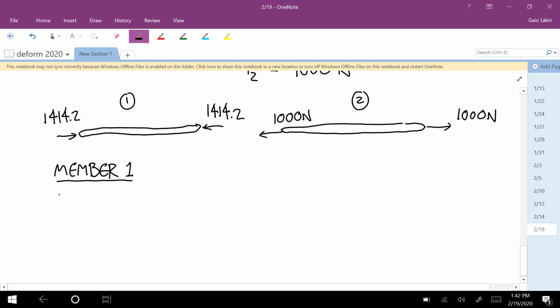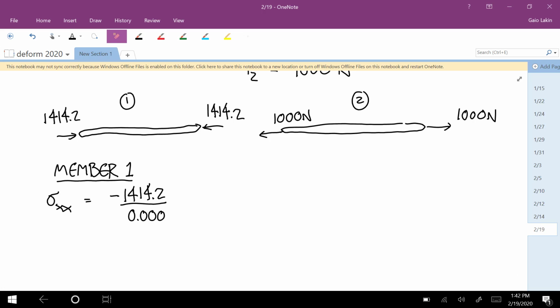So if I think of the x-axis as being along the long axis of the beam, then the x normal stress is negative 1414.2 divided by the cross-sectional area, just 2 zeros and a 1.